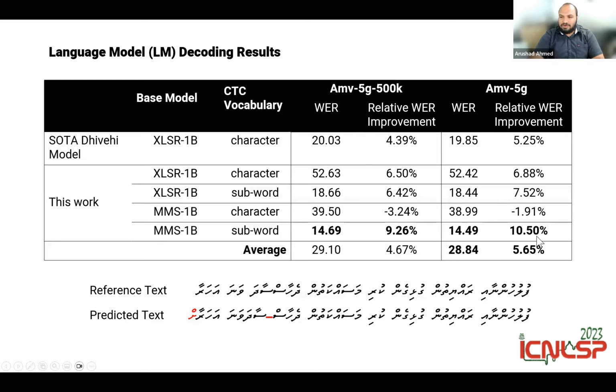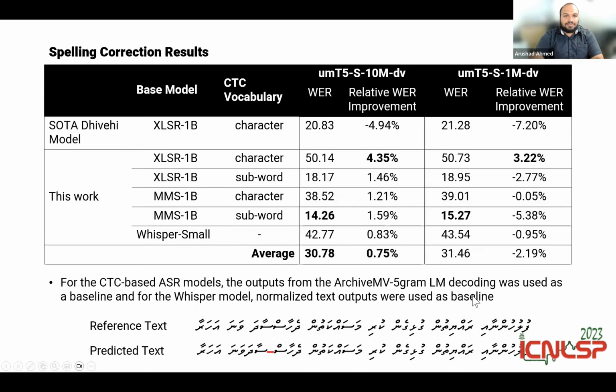On average, that model was able to improve the word error rate by 5.65% across all the different CTC-based models, and our best performing model had a relative improvement of 10.50%. This is the same sentence as before, now transcribed with language model decoding with our best performing language model, and you can see even fewer errors in the predicted text.